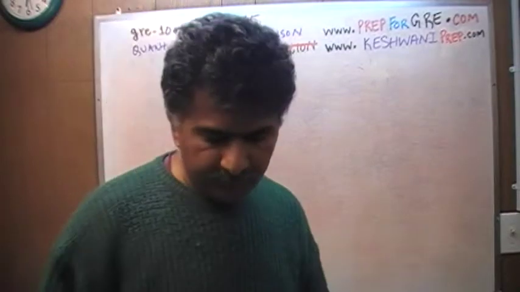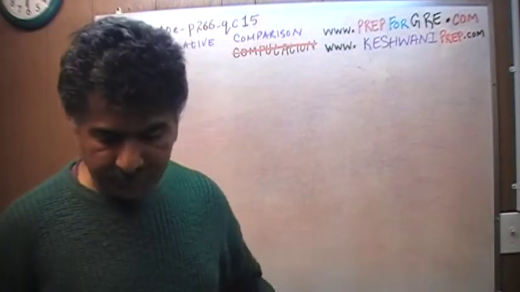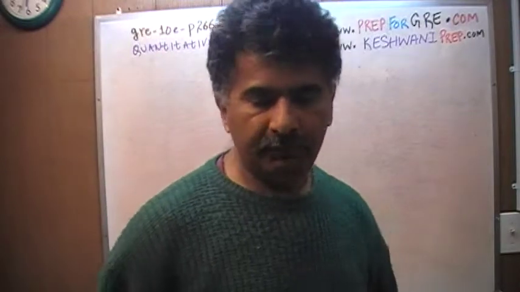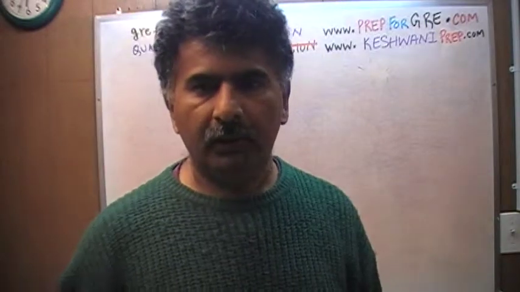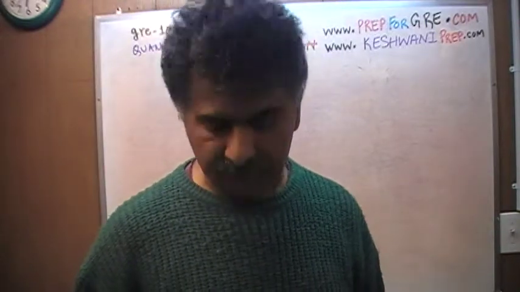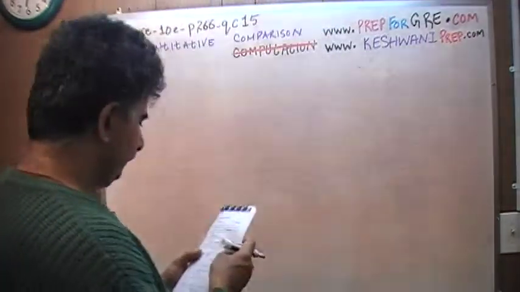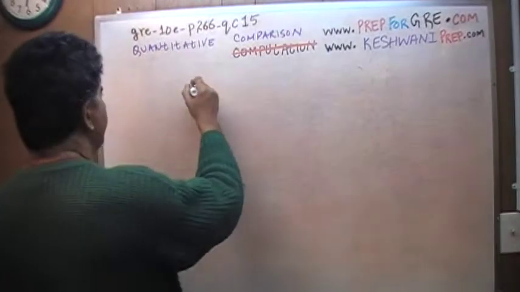It is a bit tricky question. Only about 28% of the people got this question right when the exam was given, which means almost 3/4 of the people who took the exam had trouble with this one. Let's take a look at it. In the first column they give me this quantity.